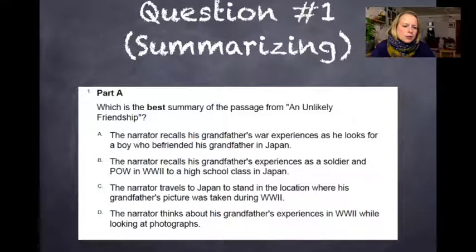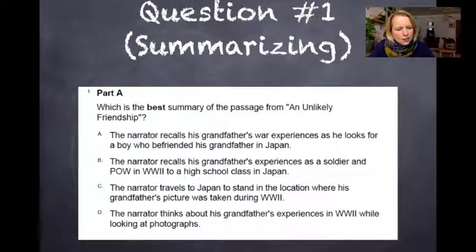C. The narrator travels to Japan to stand in the location where his grandfather's picture was taken during World War II. Again, yes, that happened in the text, but it doesn't give an overall idea. It doesn't summarize everything that happened in the text. So I would eliminate this because standing there in that same spot was one idea only.